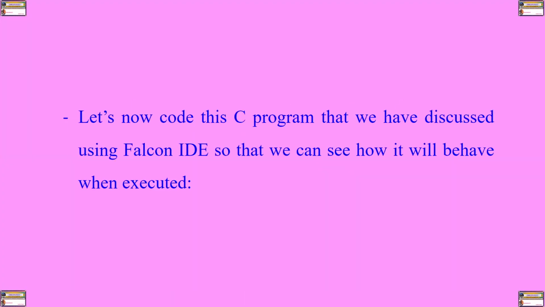So my dear students and the rest of the learners, that is how that program will function. Let us now proceed and code this program in Falcon IDE so that we can see how it is going to behave.